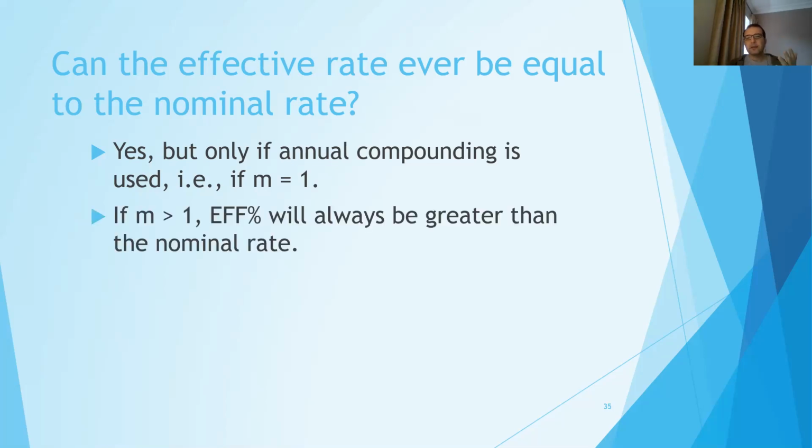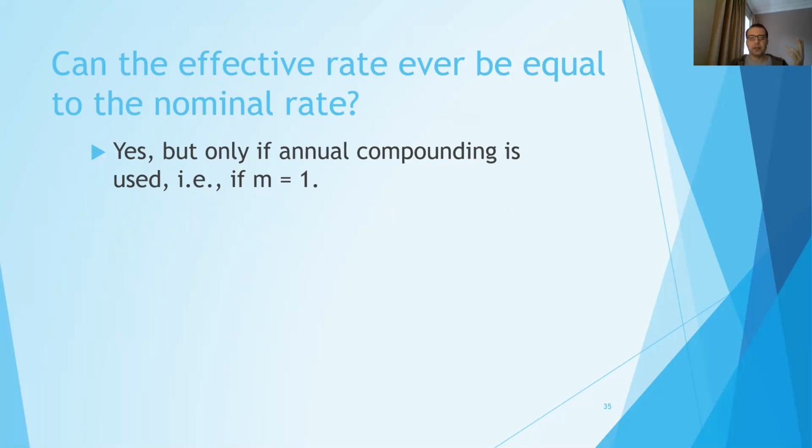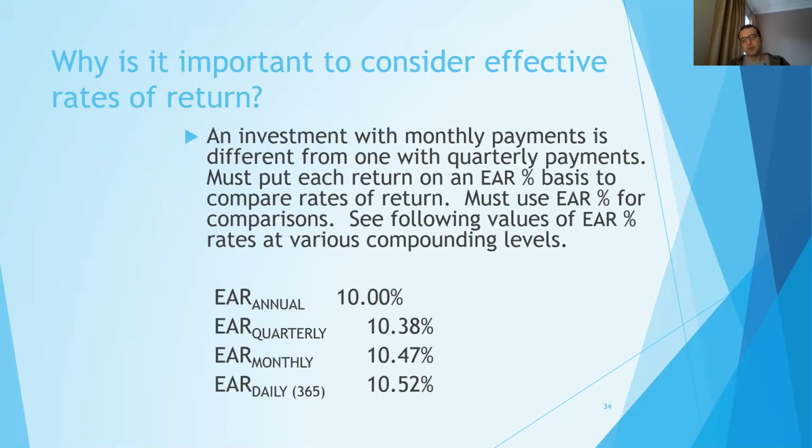If not, then the effective rate is always greater than the nominal rate because you are compounding more frequently. If you have 2 periods in 1 year, semi-annually, or 4 periods, as you have seen, it's more than the nominal rate.